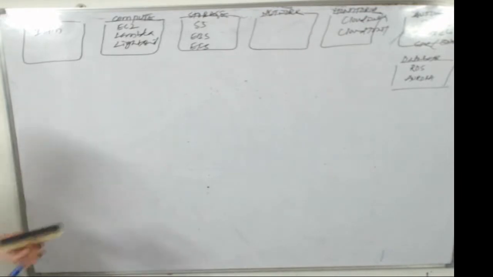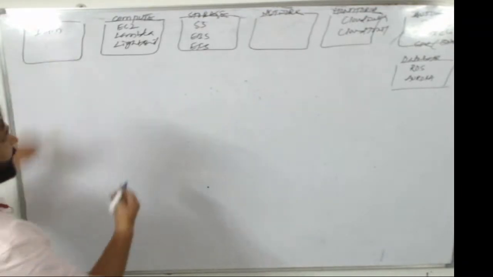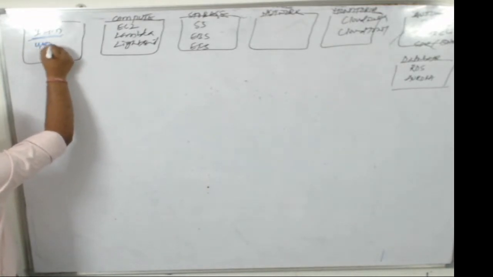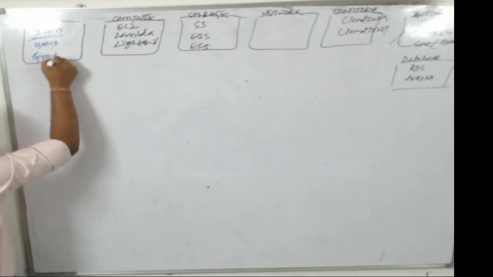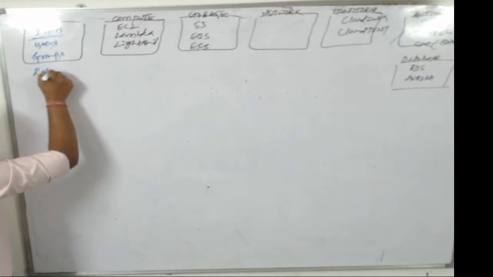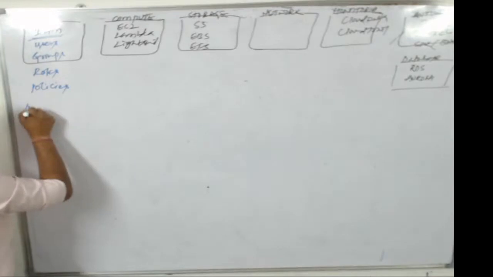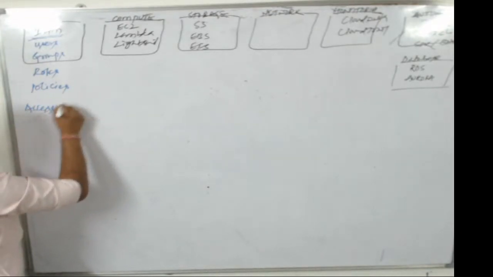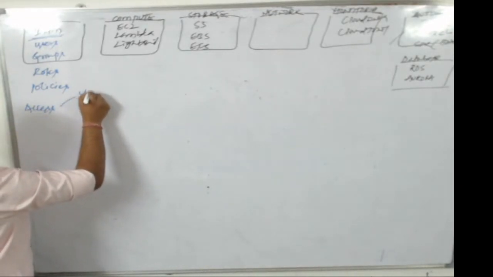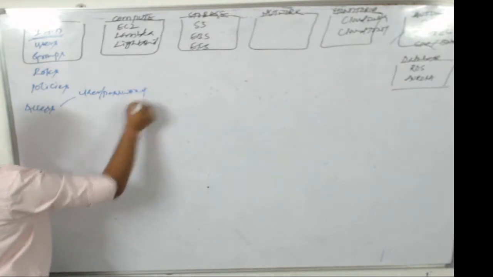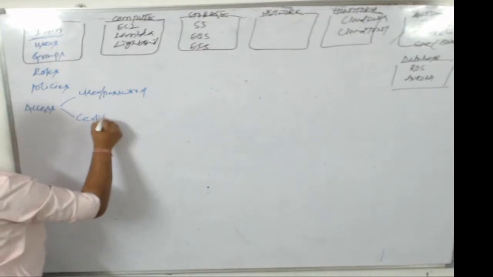Now let's add some more things into this. The first thing in IAM, we'll go a little bit. Users, groups, roles, policies, and access using username, password, certificates.